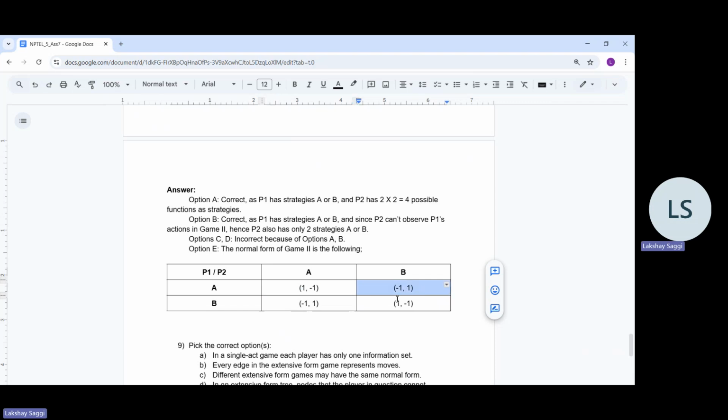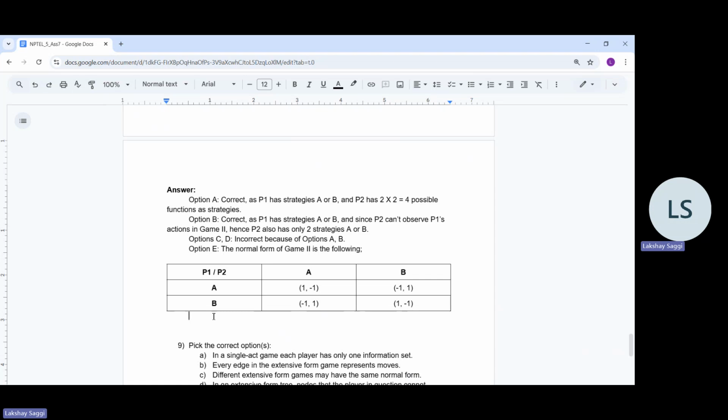Similarly, in this strategy, player 1 will have an incentive to switch from minus 1 to 1. I'm doing it a bit fast now because we are comfortable, I hope, with Nash equilibria. Here player 1 will have an incentive to switch from minus 1 to 1. And here player 2 will have an incentive to switch from minus 1 to 1. So in all of these cases, at least one player has an incentive to switch.